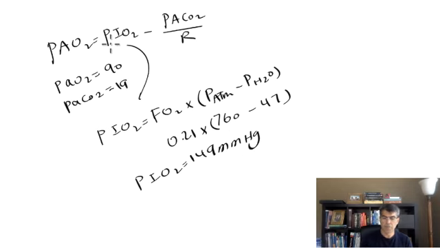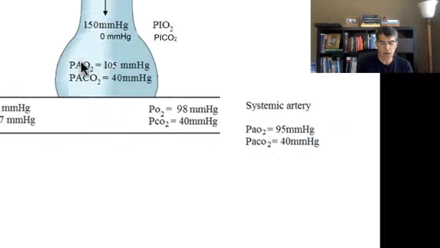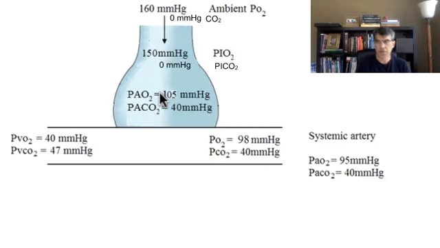So I have my PiO2. So I'm going to say 149 minus PaCO2, which is 19, divided by R. We said in this example it is 1, so PAO2 is equal to 149 minus 19, and it's 130. So the pressure of the oxygen inside the alveolus is 130 instead of being normally 105 or 100.